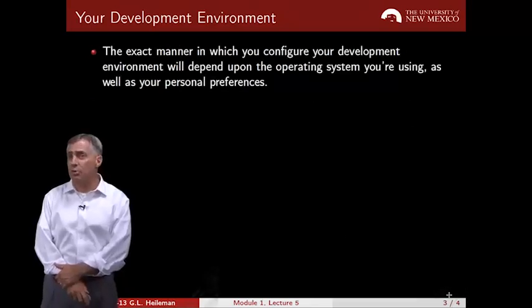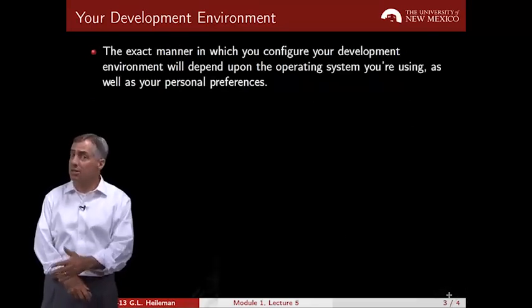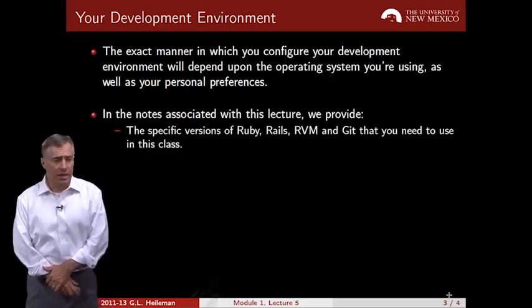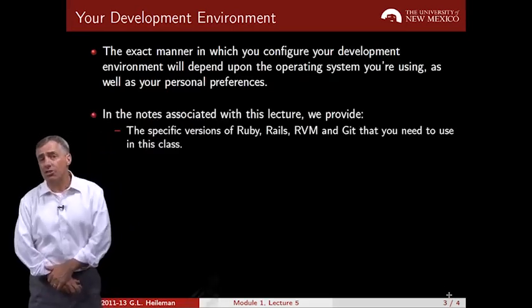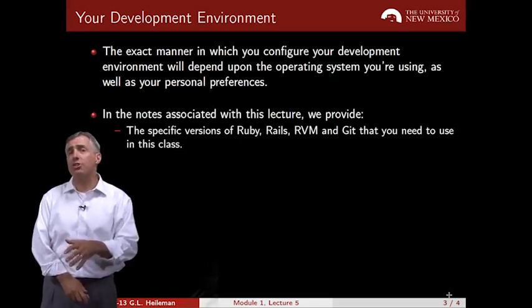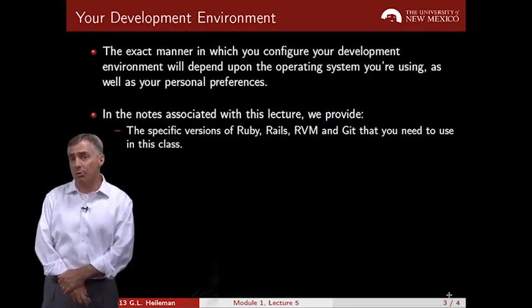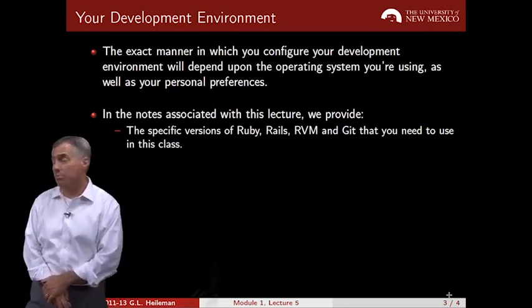The exact manner in which you set up your development environment is going to depend on the operating system you're using and how you like to work. In the notes that are attached to this lecture, we'll give you some guidance and we'll point you to some particular URLs that may help you in setting up your Ruby on Rails environment for your particular platform.